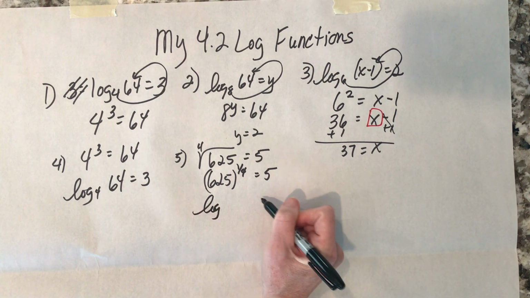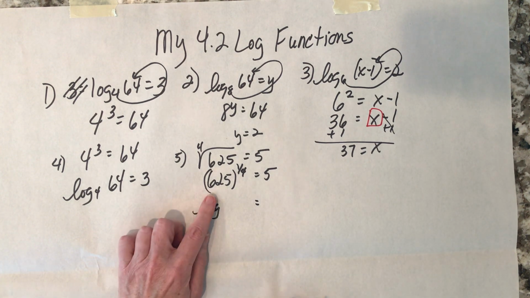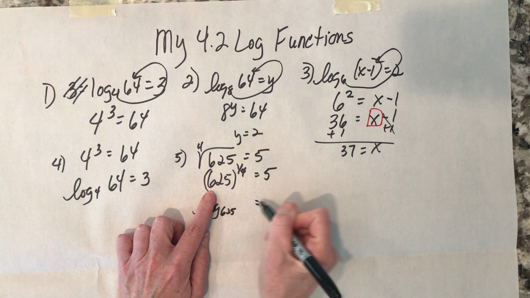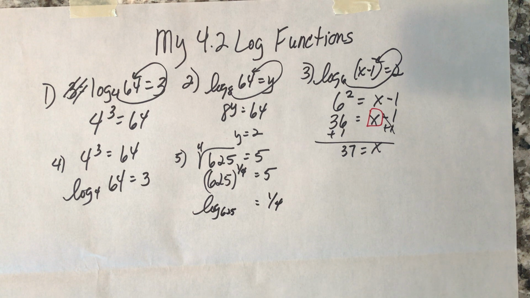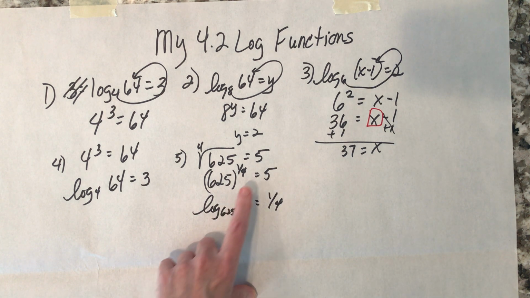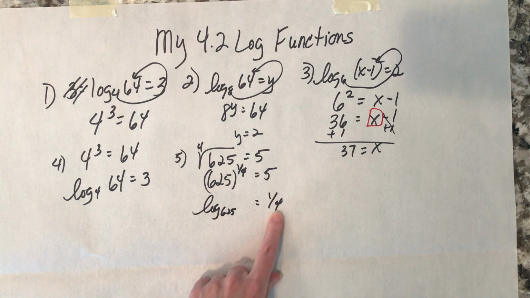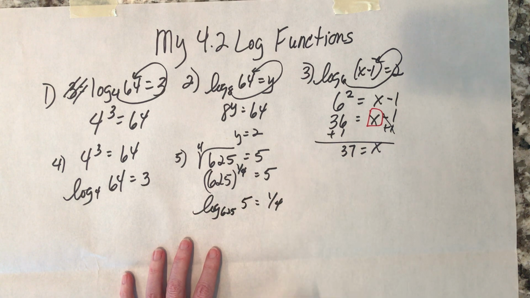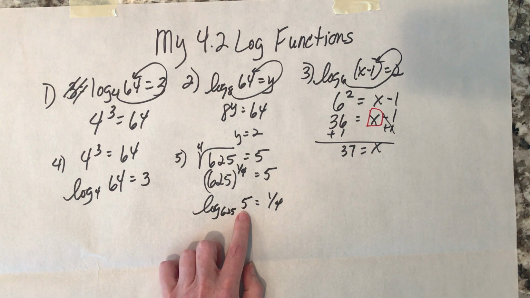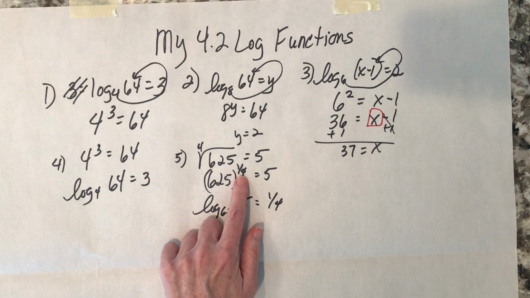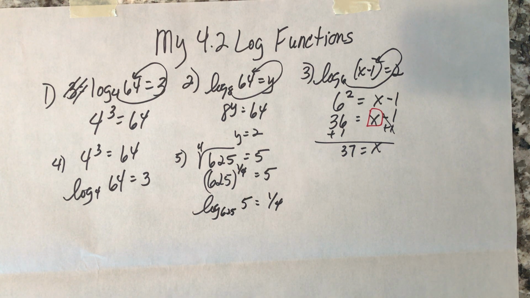So log equals, the base is 625. The exponent will be the answer, always in a logarithmic. When you're rewriting as a log, the exponent will be the answer. 5's got to go somewhere. So what do you do to 625 to make him become 5? You raise him to 1/4. You take the fourth root of him.